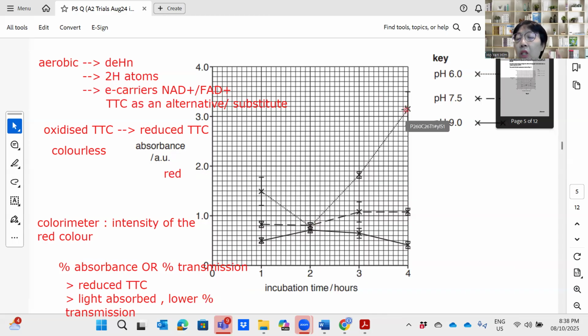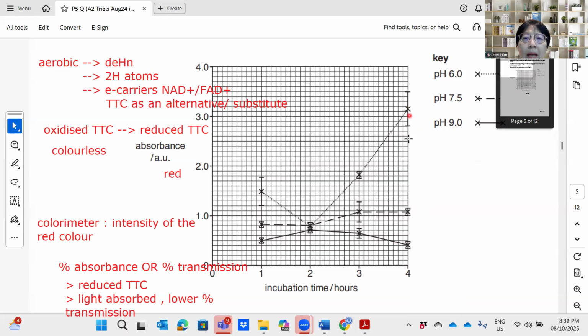Let's look at the condition for the highest point, where there's the most absorbance and the most TTC being produced, the highest rate of reaction. Sorry, not per hour, in terms of the highest amount of product produced in a fixed time. So this is pH 7.5 at 4 hours, where the rate is the highest.